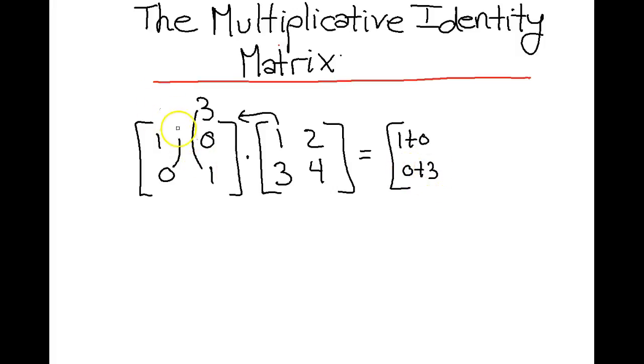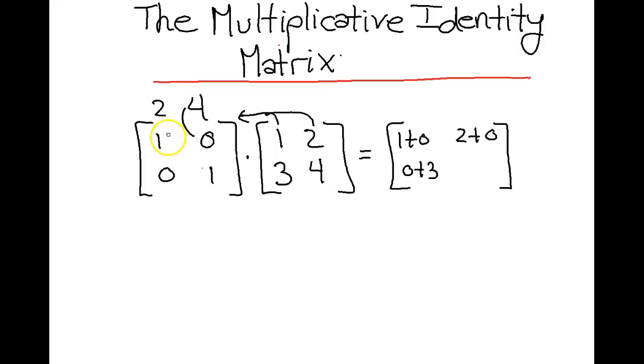Now I'm going to erase that first column I had pulled out, and I'm going to pull out the second column instead and use that. Now I am working with row 1, column 2, so I get 2 plus 0.